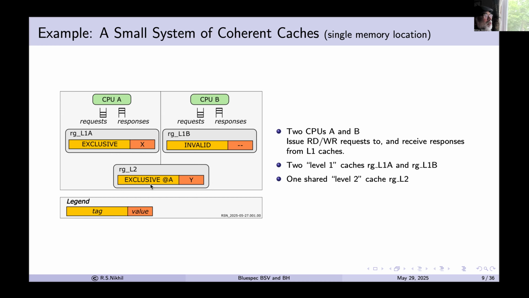But in L2, I also have a tag which remembers the fact that I have given this out in exclusive mode to L1A. And the cache for L1B is invalid because the location is currently being busily used by L1A for reads and writes, so it's an exclusive mode. So just imagine that's the starting state.